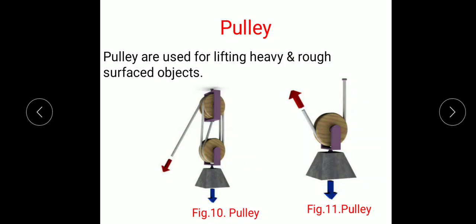Pulleys are used for lifting heavy and rough surface objects. Figure 10 and figure 11 show a pulley. Here we can see a load is attached to this end and force is applied through this rope, because of which this load is lifted to the highest position as per the requirement.